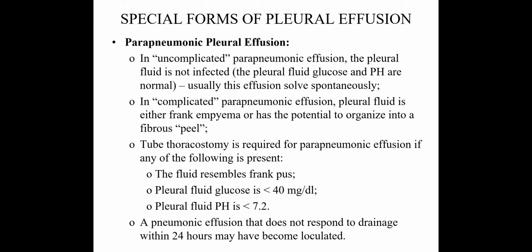Tube thoracostomy is required for parapneumonic effusion if any of the following is present: the fluid resembles frank pus, pleural fluid glucose is less than 40, or pleural fluid pH is less than 7.2. Parapneumonic effusion that does not respond to drainage within 24 hours may have become loculated.